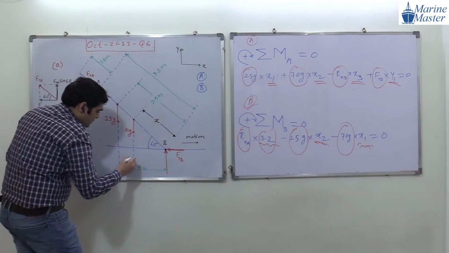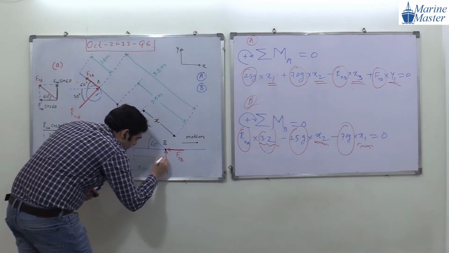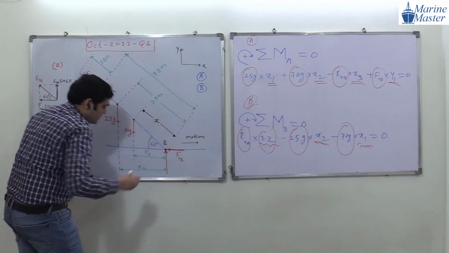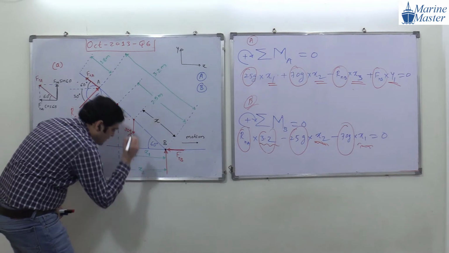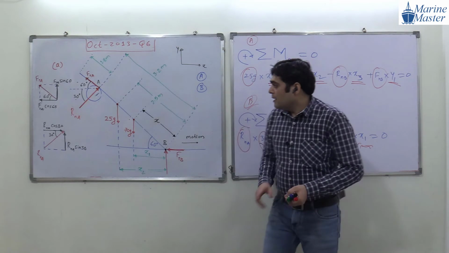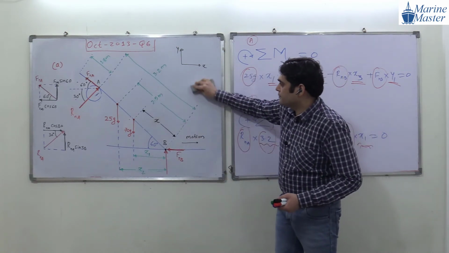This distance is x1. Observe this drawing, everyone. So this distance will be x1. Everyone, are you getting my point? If you have any doubt, please ask me. Please guys, observe this drawing carefully.